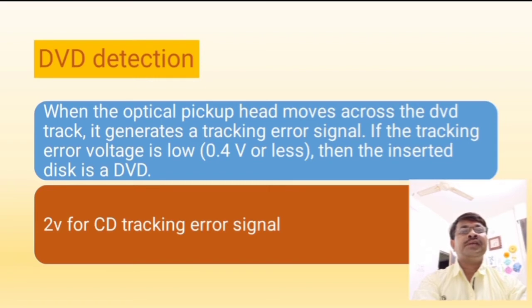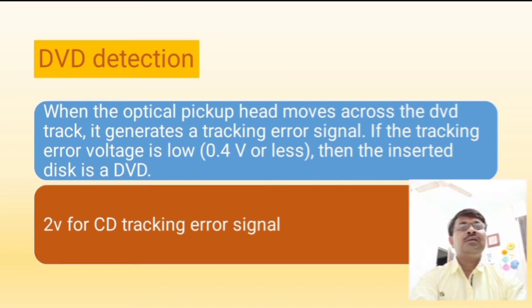DVD detection. When we insert the DVD onto the DVD tray, the optical pickup head moves across the DVD track. It generates the tracking error signals.